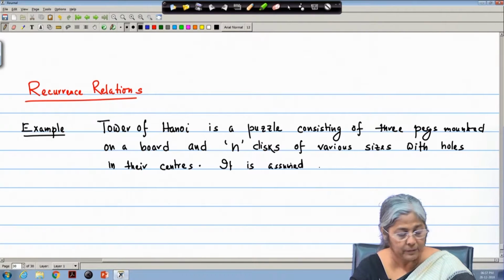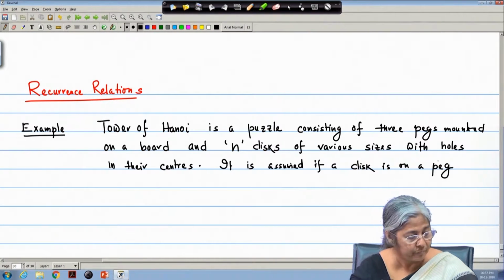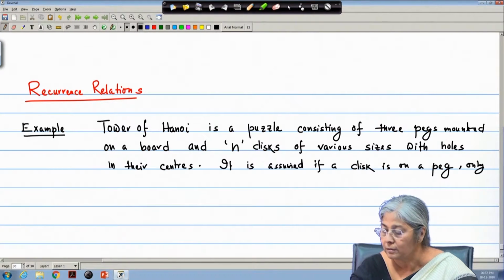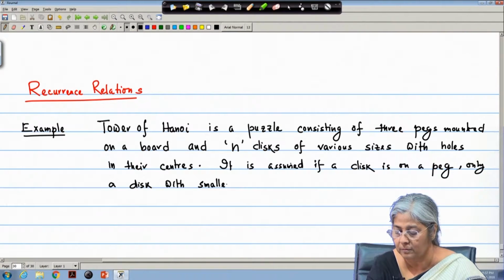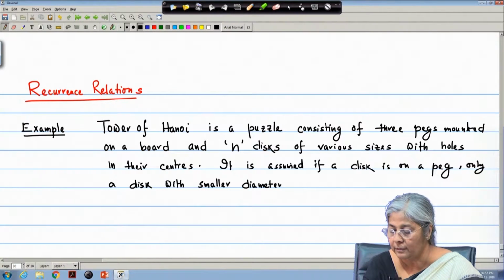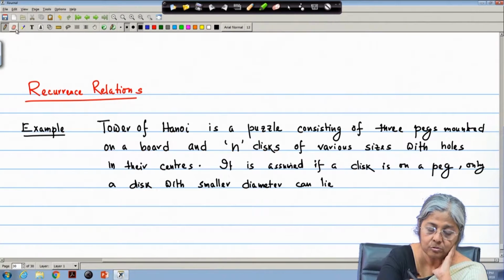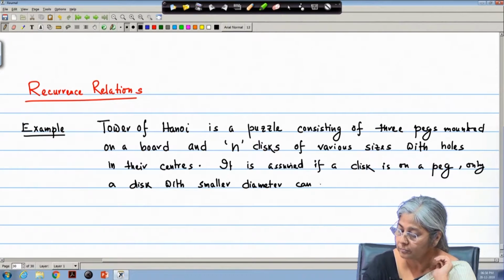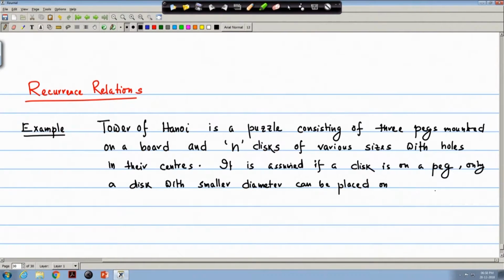It is assumed that if a disc is on a peg, only a disc with smaller diameter can be placed on the top of the previous disc.